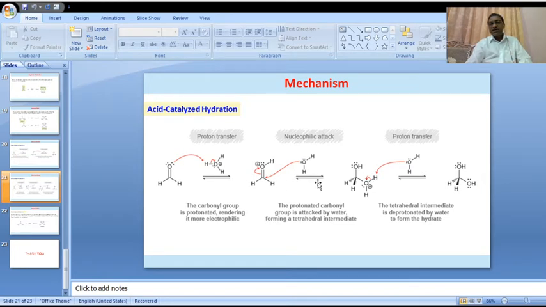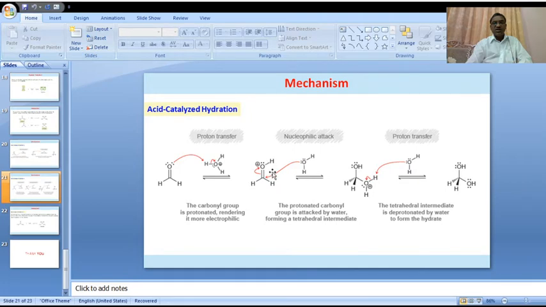The complete reaction proceeds in an equilibrium stage. Under hydronium ion, H3O plus, proton transfer forms the protonated carbonyl functional group. Is it clear? Protonated carbonyl functional group.